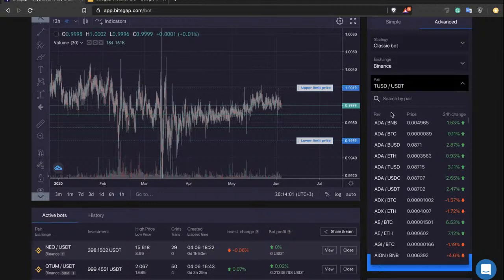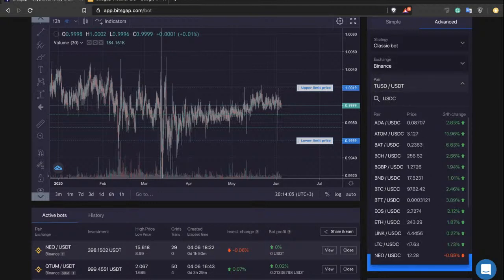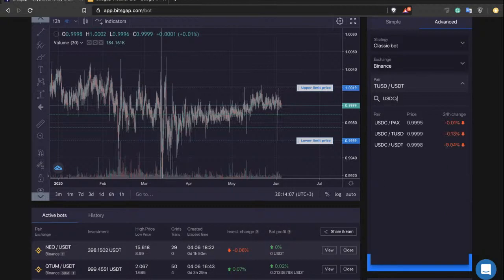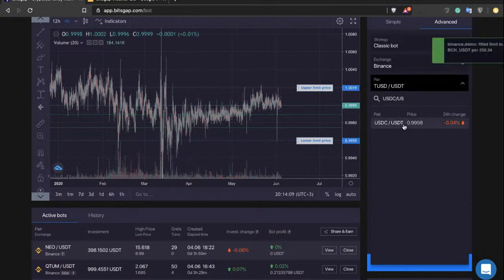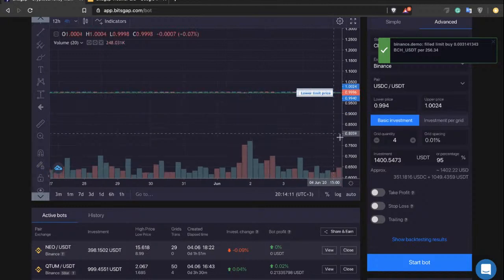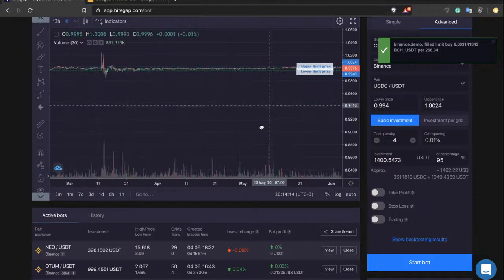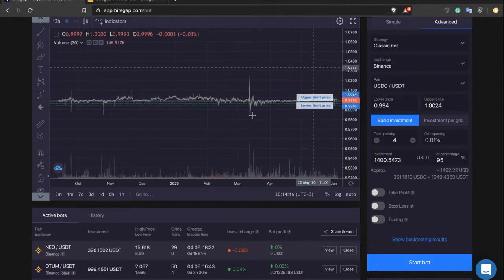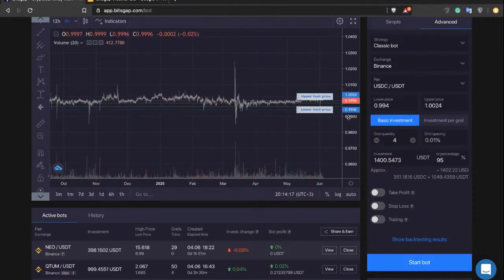You can also find some others, like USDC trading to USDT. That's pretty much the same sideways market, the same perfect arbitrage opportunities.